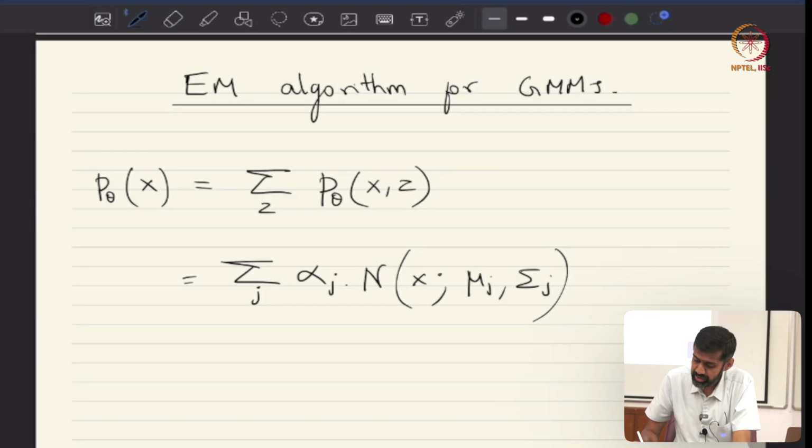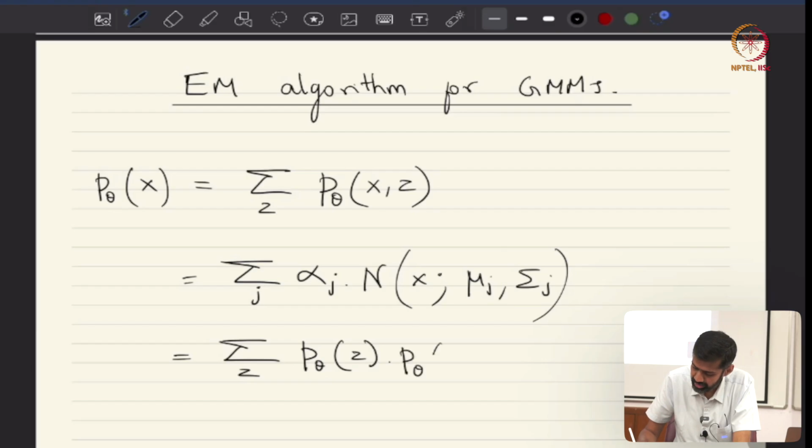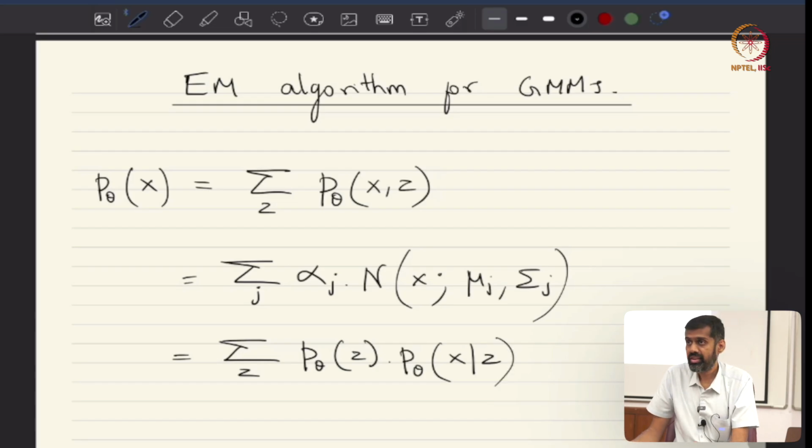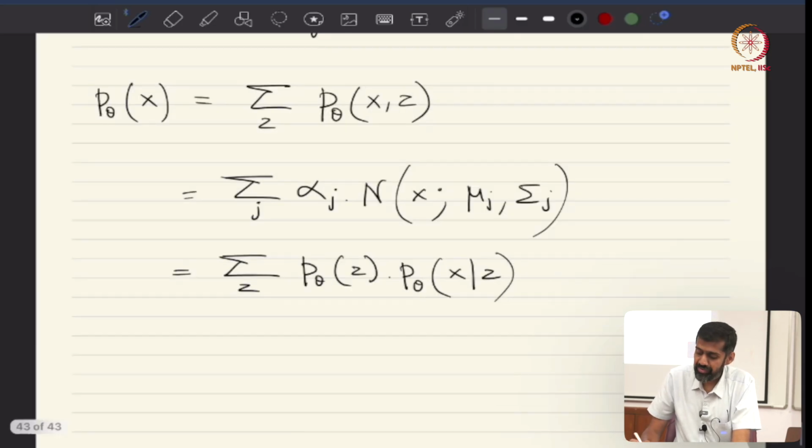Okay. Now this can be looked at as a joint distribution. Why? What is actually happening here is you can write this as P theta of z times P theta of x given z. This is writing the joint distribution as a product of conditional and marginal, right? Now can you see the similarity between the second step and the third step?